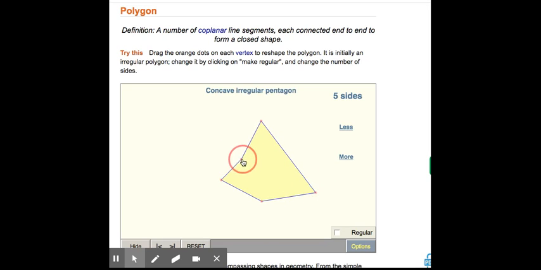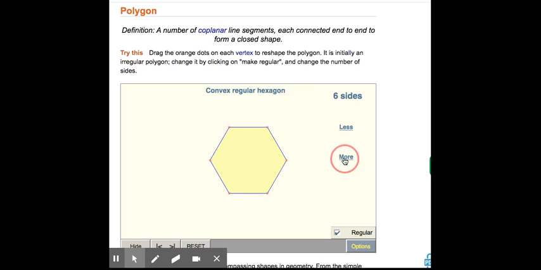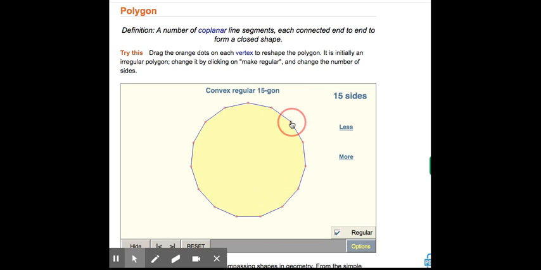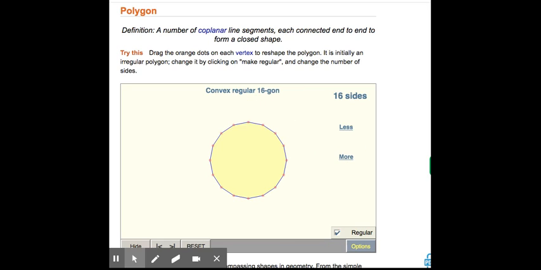Okay, so I hope you find this interesting. Now let's check off regular again, and I'm going to show you something that happens. What are you noticing as we increase the number of sides? Okay, I can try to stretch it out again. You should start to notice that our shape is starting to look more like a circle.